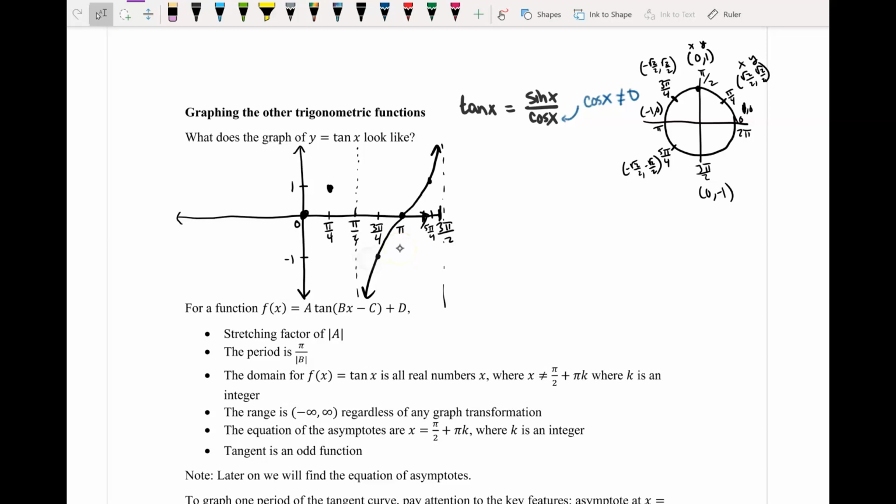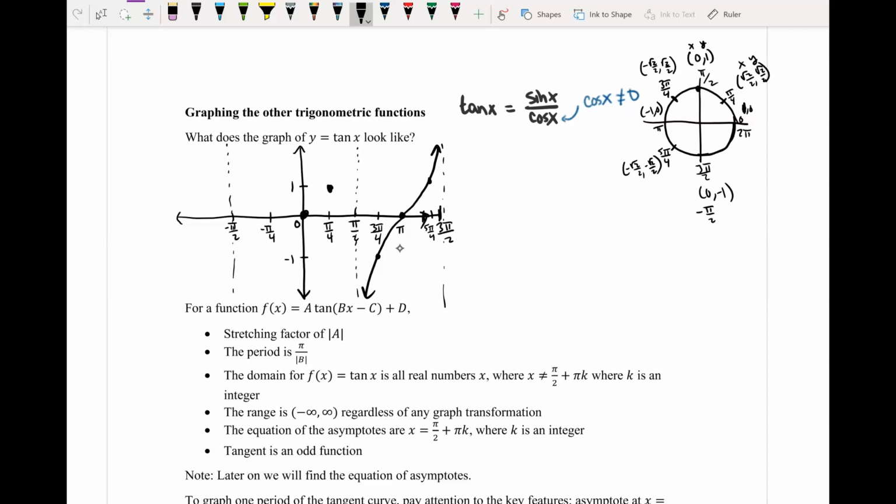So I'm going to go backwards to negative pi over 4 and negative pi over 2. At negative pi over 2, because I'm going the opposite direction, that's going to be undefined also.